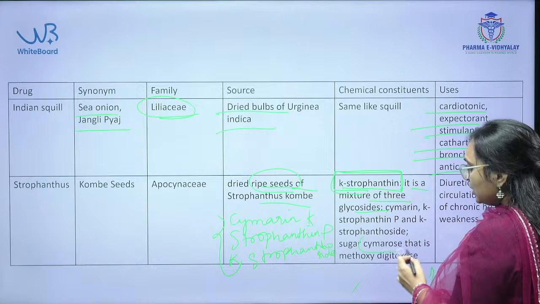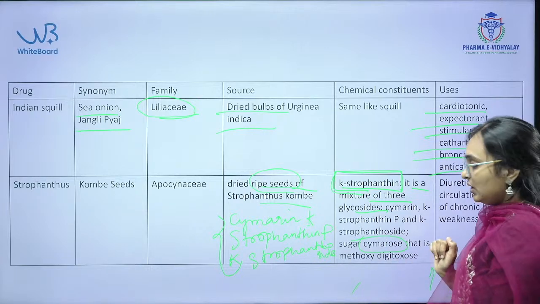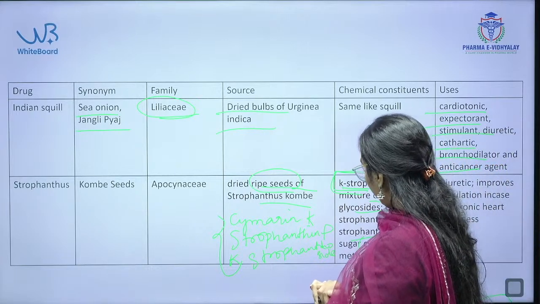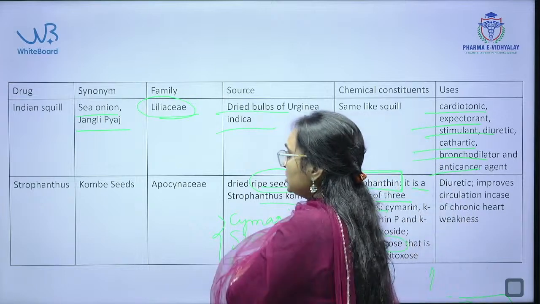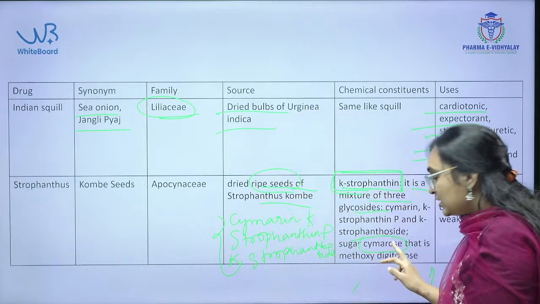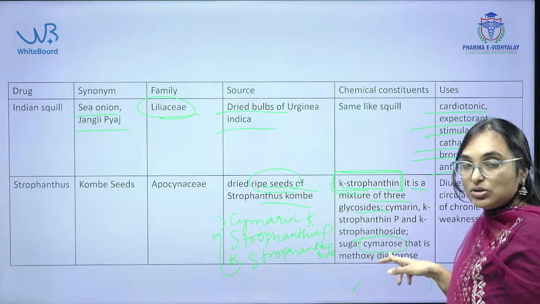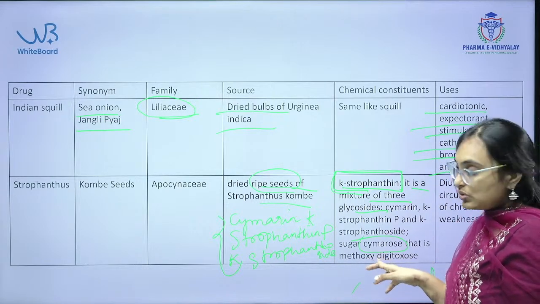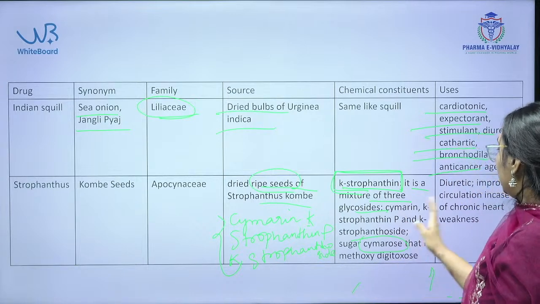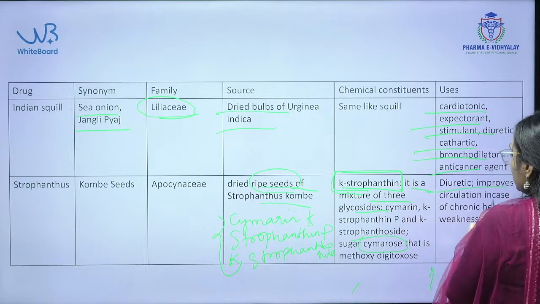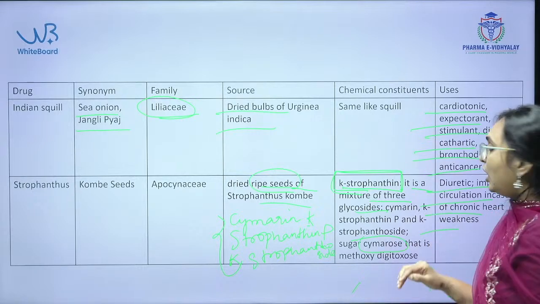Okay. Sugar unit is cymarose. So, you see one important point here, methoxydigitoxose is called cymarose. Methoxydigitoxose is called cymarose. Okay. Then diuretic action improves circulation in case of heart weakness.